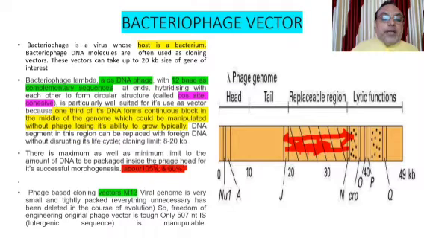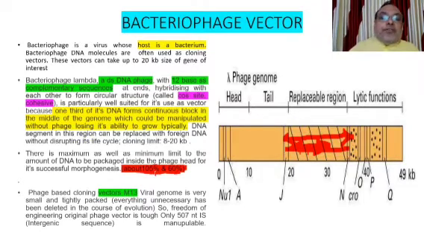So it should not exceed the length by 105%, and it should not be lesser than 60% of the length of the normal bacteriophage DNA. So while utilizing this stretch, we should see that it is not longer than 105% of the length of the normal lambda phage, because then the assembly of the head won't take place.